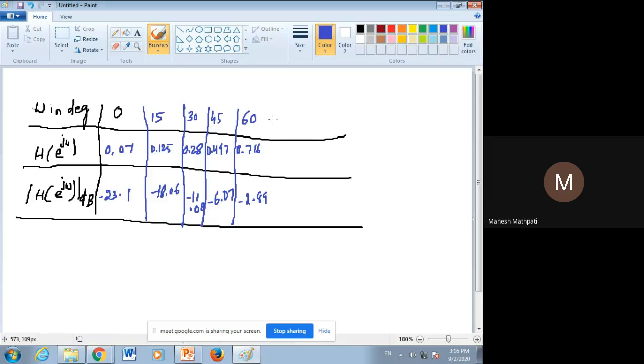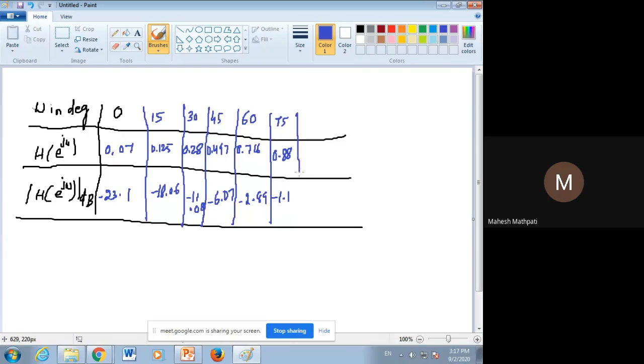Just check the values. And what about 75? 0.881. We'll consider only 2-digit values, so 0.88, and this is minus 1.1.